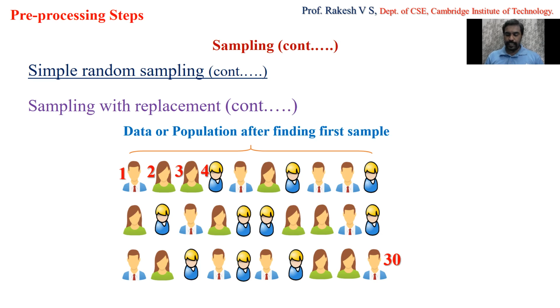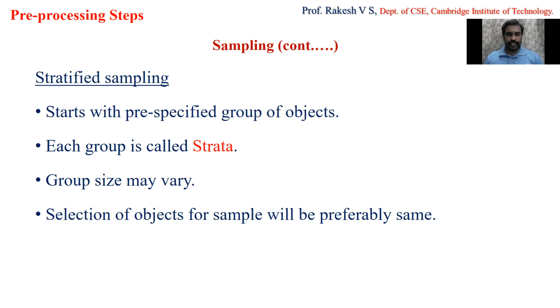So next, let us see what stratified sampling actually is. Stratified sampling is a sampling which begins with a pre-specified group of objects, where each group is called a strata. As I told earlier, the group size may vary, but the sample size will be mentioned by the data miners.